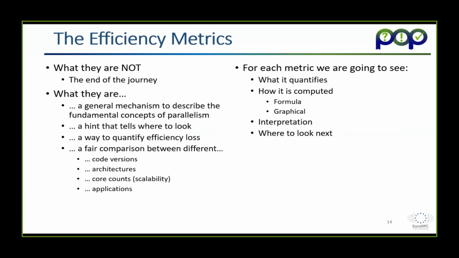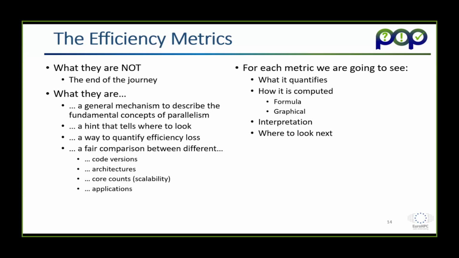They are useful to describe the concepts of parallelism, to give us hints on where to look, to quantify the efficiency loss. And we use it to compare. We can compare different versions, different scales, different codes, or even different applications. So it's a way of comparing things or having the same baseline.